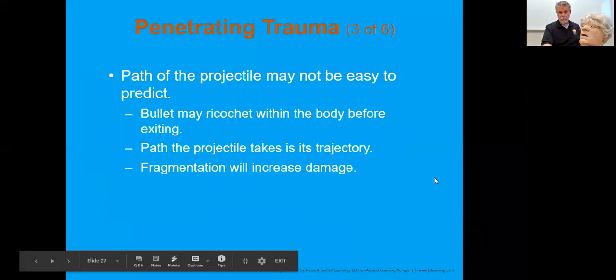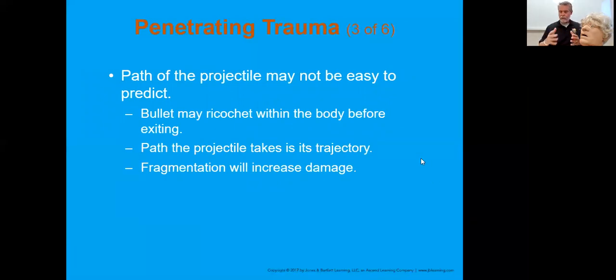And as far as the path goes with bullets, you've got to know this, that bullets can ricochet, right? Something goes in and it bounces around, and who knows how much damage that can do, or where it actually ends up. The path the projectile takes depends on whether someone was shot from 20 feet away or up close, at this portion of their body.